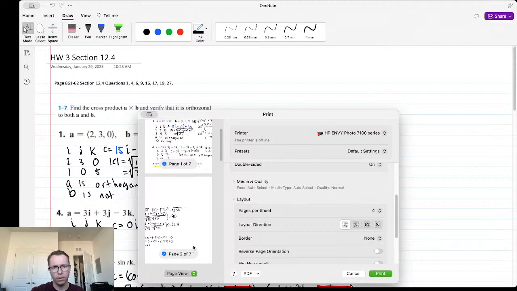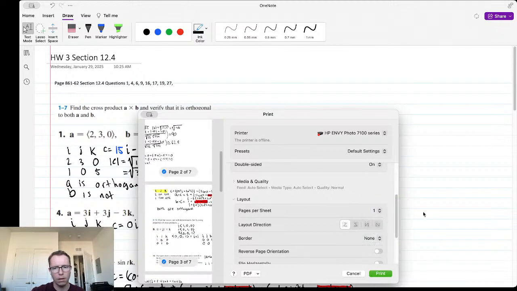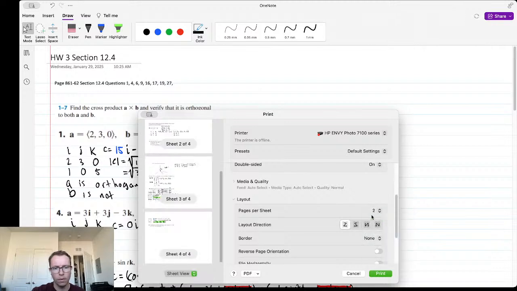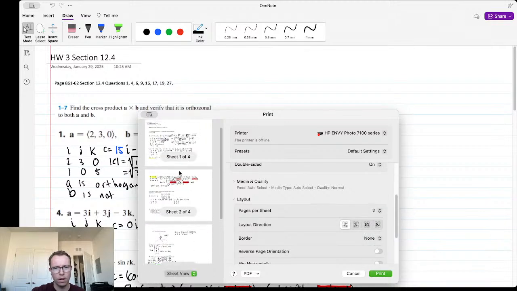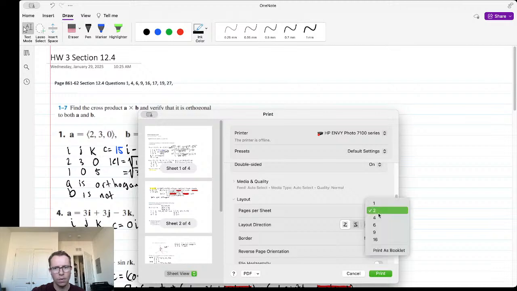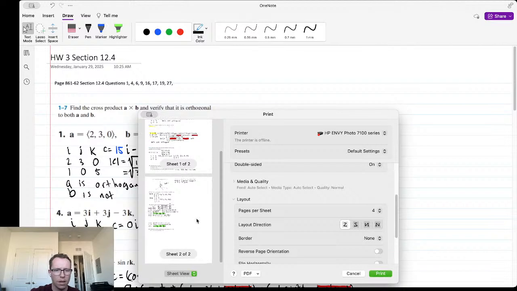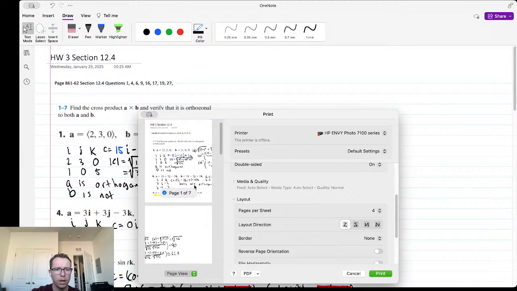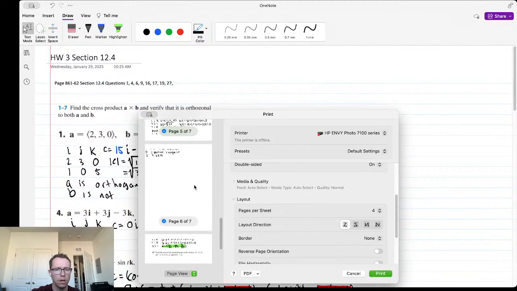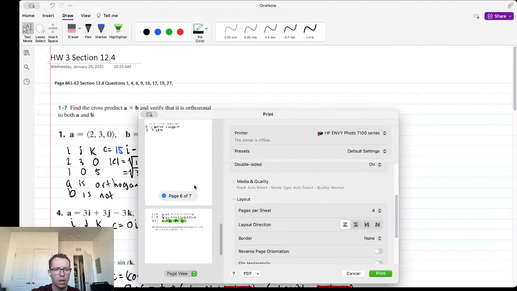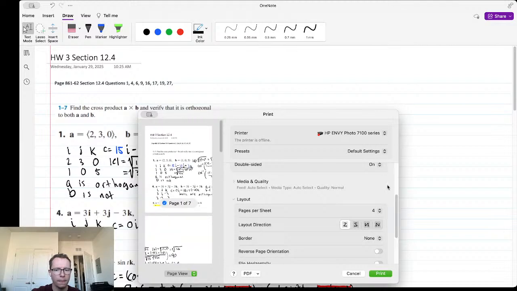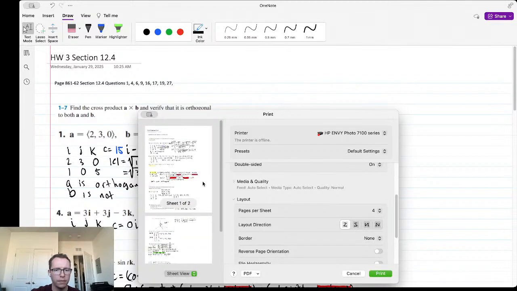Wait, page view. Wait. Oh no, it's back to sheet view. So what does page view do? Sheet view.